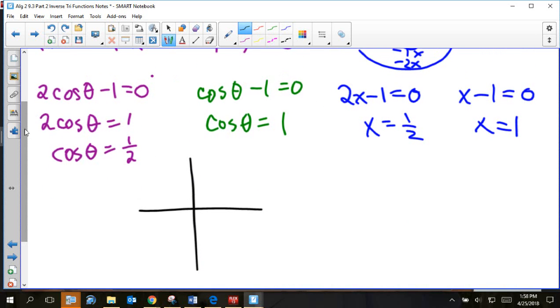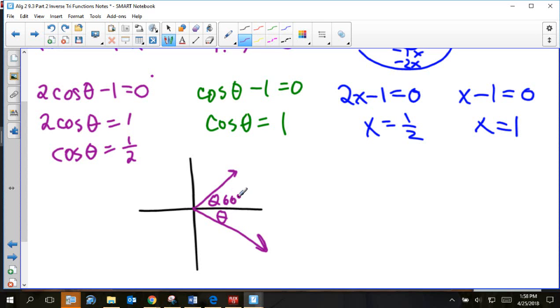And I'm going to concentrate on the purple one. That is positive for cosine. Where's cosine positive? First and fourth on the right side. So we'll have a theta here, and we'll have another theta here. They're both going to have the same reference angle. So now I need to know where is cosine a half, what reference angle? 60 degrees.